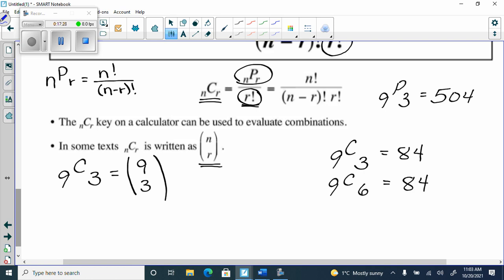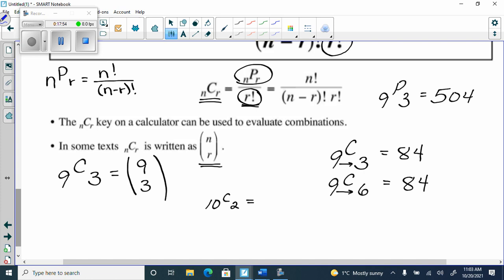This is also fancy, only with C's. This does not work with the P formula at all. This only works with the C formula, and I'll show you why. If you take the difference between these, what is it? Difference is subtraction. 6. What did I do? 9C6, and what did I get? Same answer, didn't I?